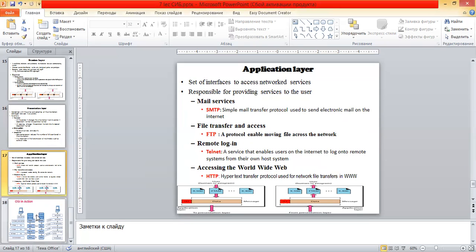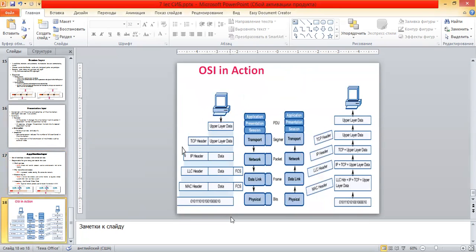So, in conclusion, OSI in action. A message begins at the top application layer and moves down the OSI layers to the bottom physical layer. As the message descends, each successive OSI model layer adds a header to it.